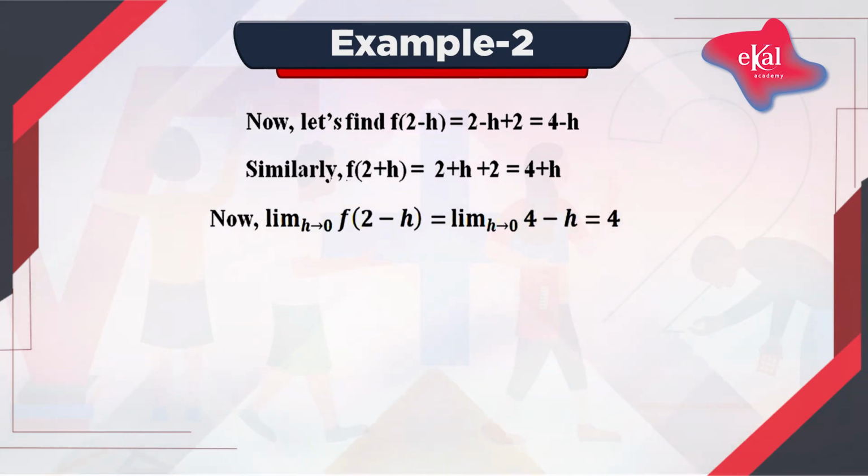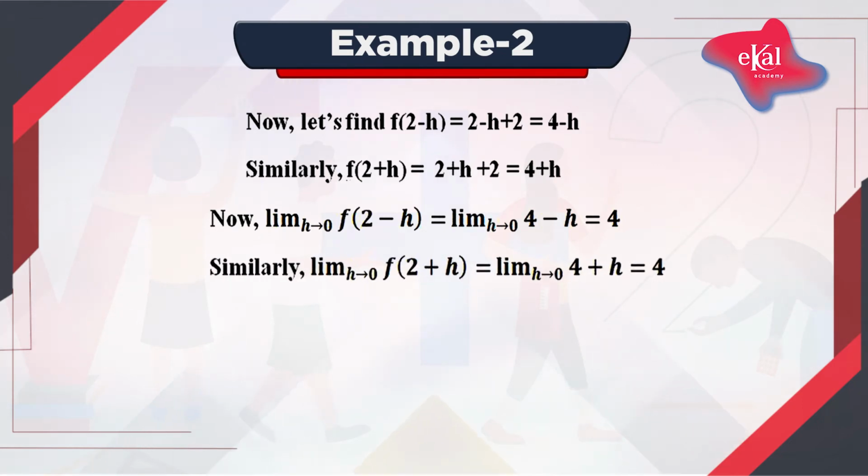Limit h tending to 0, f of 2 minus h becomes limit h tending to 0, 4 minus h, and that is equal to 4. Now let us find limit h tending to 0, f of 2 plus h, which is equal to limit h tending to 0, 4 plus h.